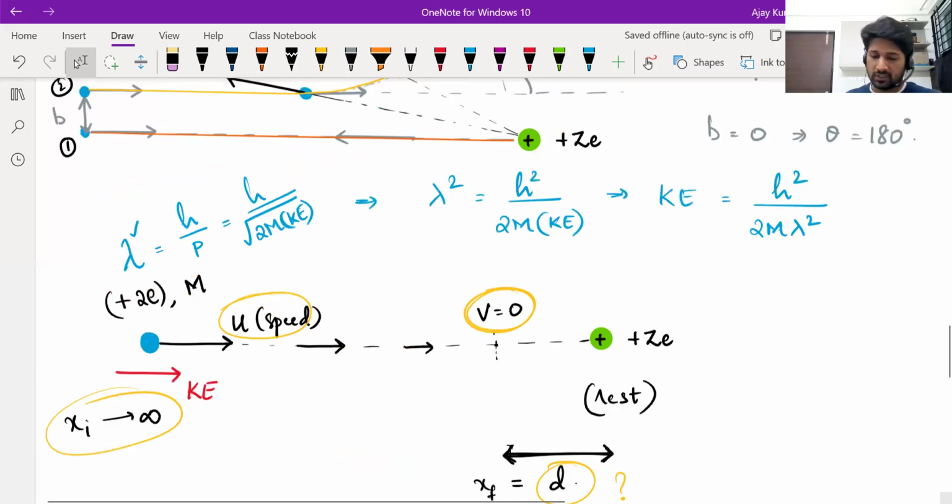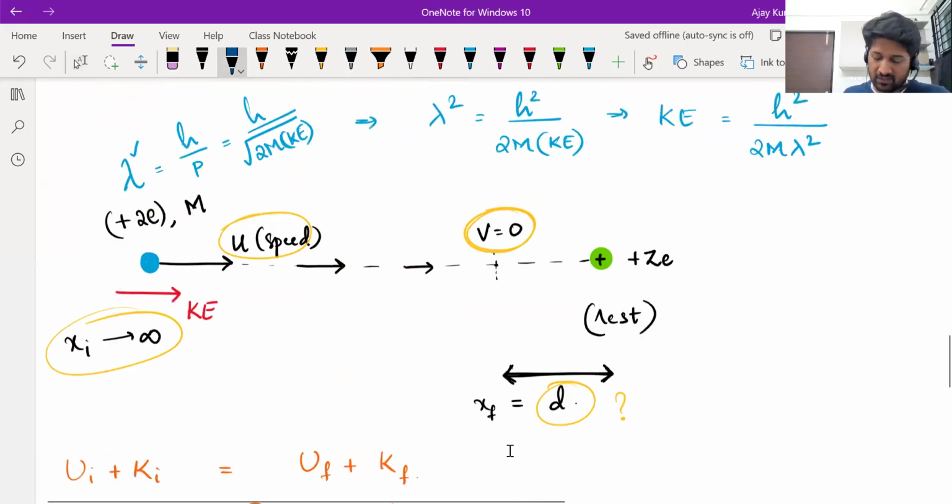There's another way also to ask the same question. You can be given the potential difference by which the alpha particle is accelerated, delta V. What do we mean by accelerating an alpha particle by a potential difference? Basically, the charge going through a potential difference, that's all. Alpha particle is a charged particle.